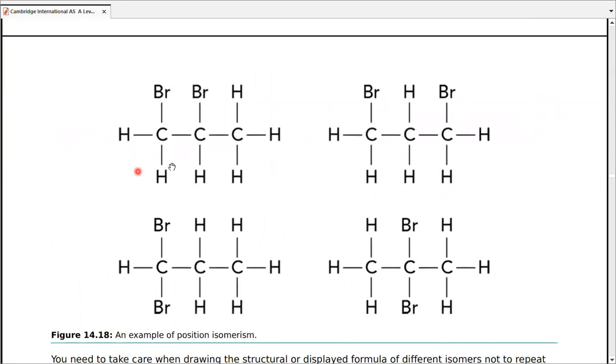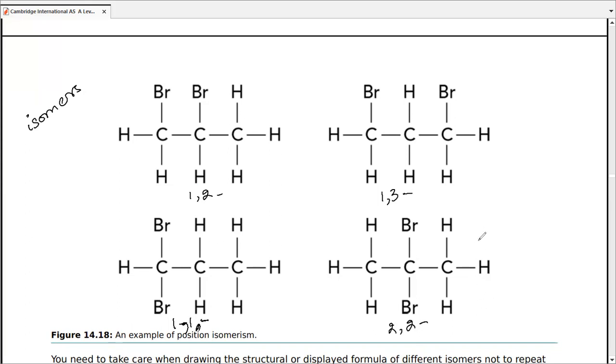We said that these are all isomers. This is the word we have been commonly using, isomers, no matter how many structures we're talking about. If you remember, this was the 1,2 isomer, this was the 1,3 isomer, this was the 1,1 isomer, sorry, not like this, and this was the 2,2 isomer.